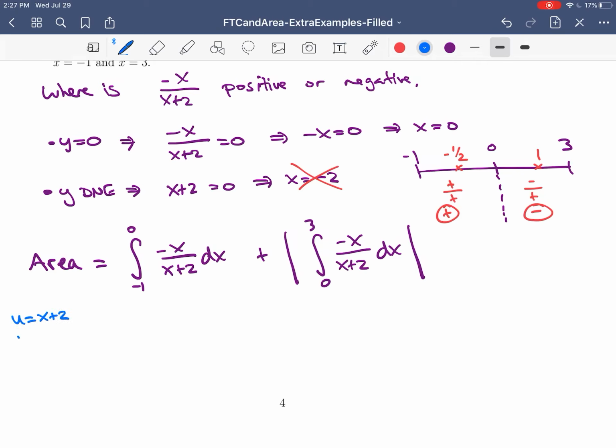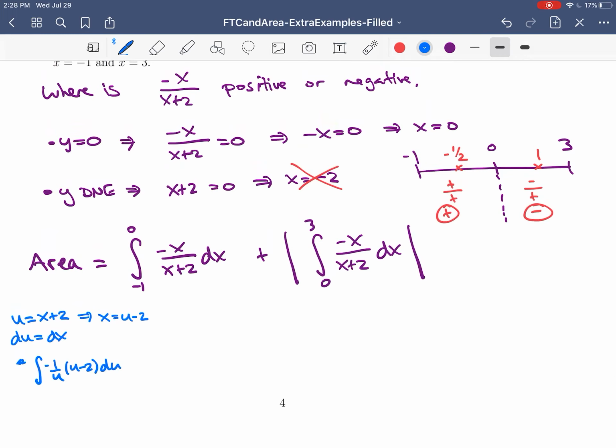So u is x plus 2, du is dx. I'm also going to need the x, so x is u minus 2. I'm going to do the indefinite integral here. It's going to be negative, 1 over u times u minus 2, du.